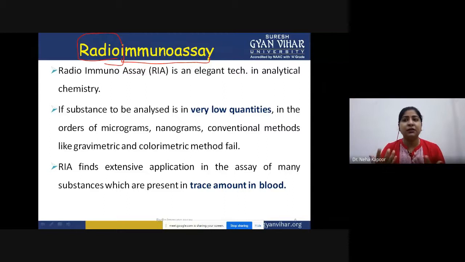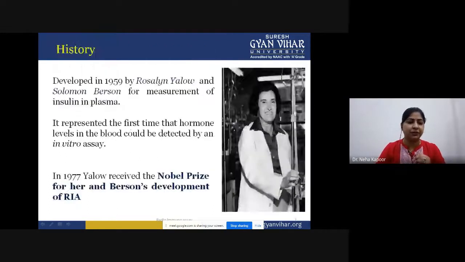You can say, in response to some kind of blood-based detection, whether this person has consumed excess of this drug or not. In that case we go for this technique because this is the most elegant, most sophisticated, most sensitive one. Even nanogram or picogram quantities can be detected by this method.